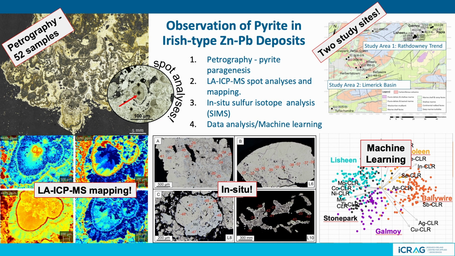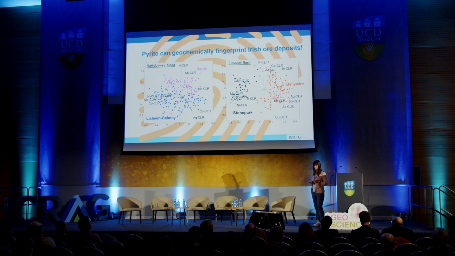Similarly, I used another in situ technique called SIMS, secondary ion mass spectrometry, where you also get specific sulfur isotope data from all of these different generations of pyrite. And once I accumulated all of this data, I put it together with some different statistical techniques and a little bit of machine learning to try to figure out what it all means.